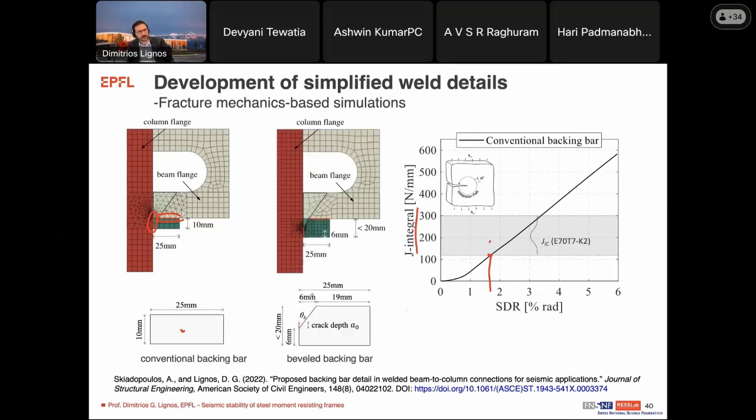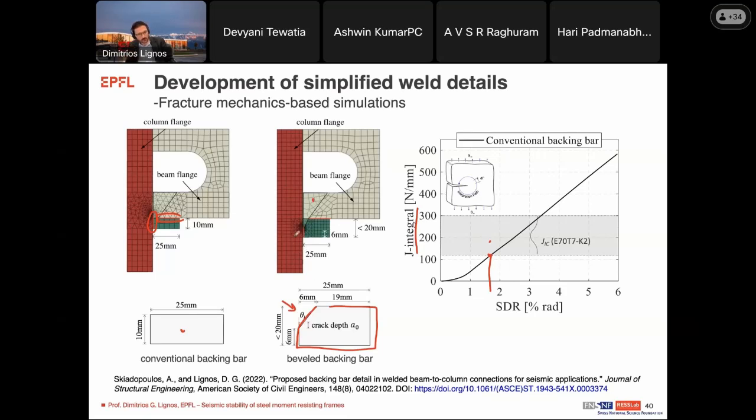Now, what we did here is that we developed a new backing bar where it's actually beveled. You see here the bevel, and with this trick, what the bevel does is move the flaw away from the primary weld that you would like to protect.